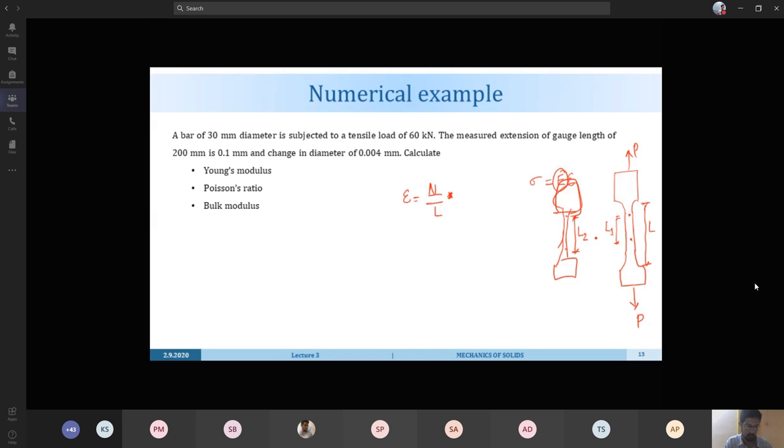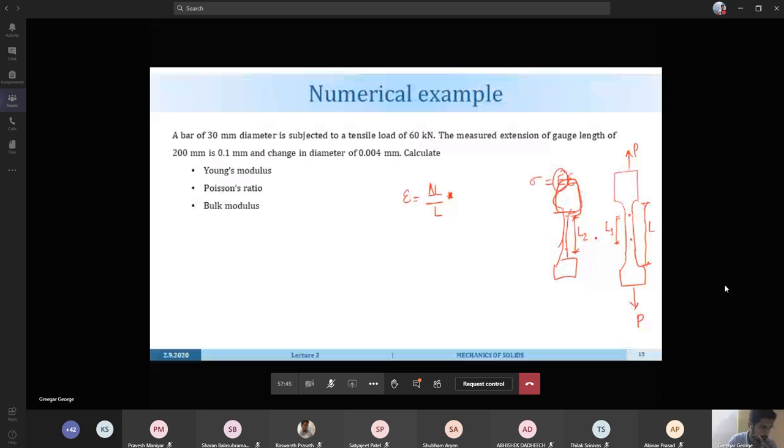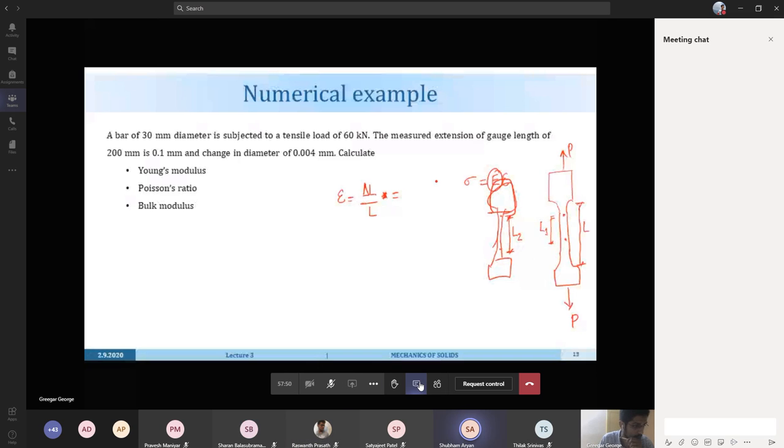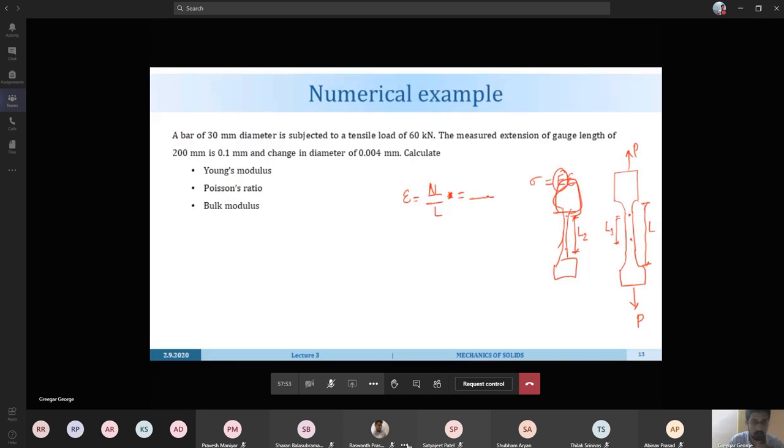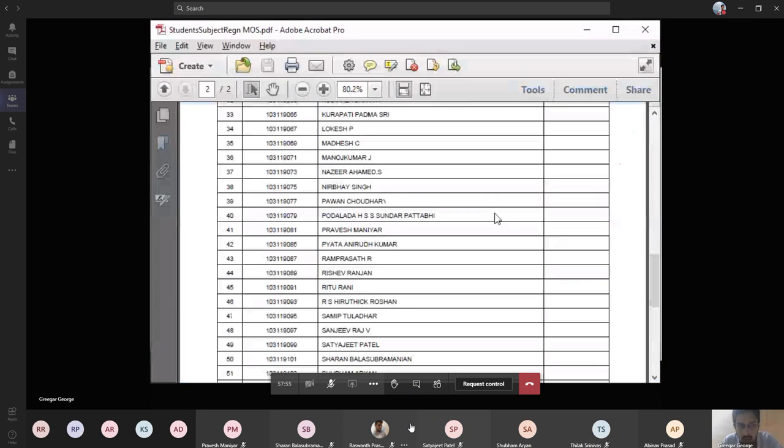Young's modulus is coming at 9.765. So what will be delta L by L? Who was the person who was talking to me a little while ago?